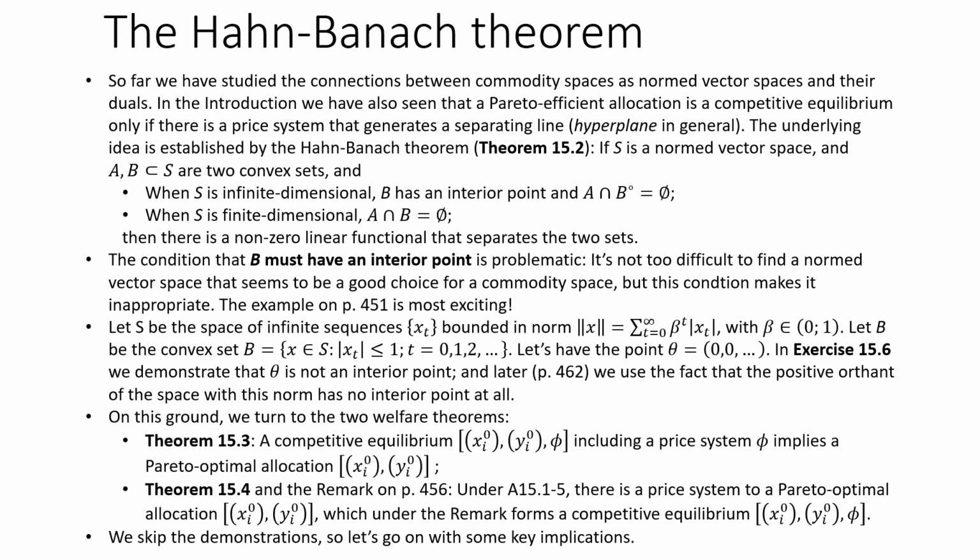It seems to be simple, but the condition that set B must have an interior point is problematic. We will see that it's not difficult at all to find a normed vector space that seems to be appropriate.